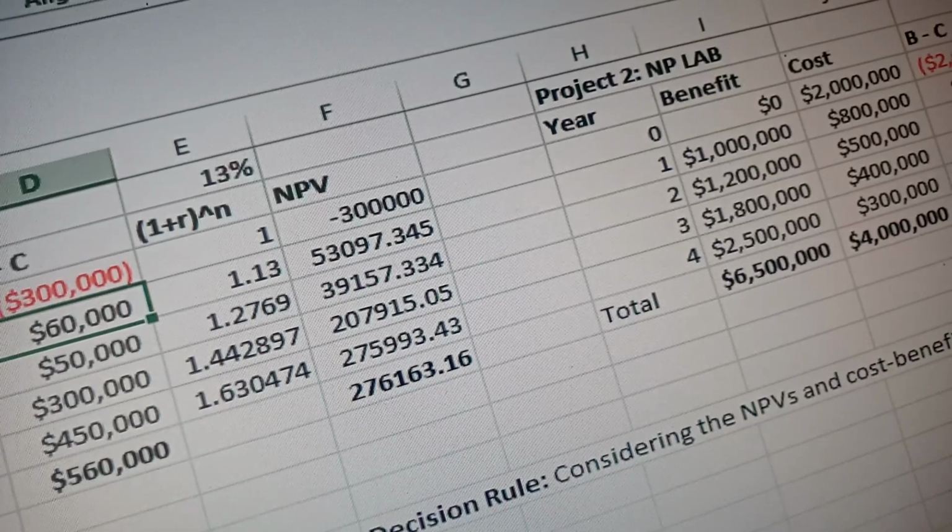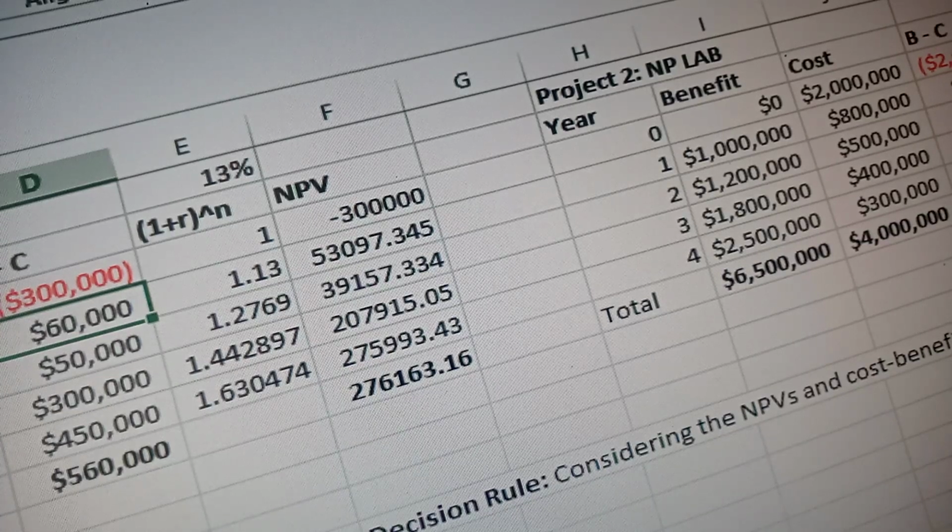Now, we use the same formula as we did in project 1, subtracting the cost from the benefit, and then we have all these figures. At the end we have a cumulative NPV of project 2, that is the new lab, of 1,400,765.30. Can you imagine?